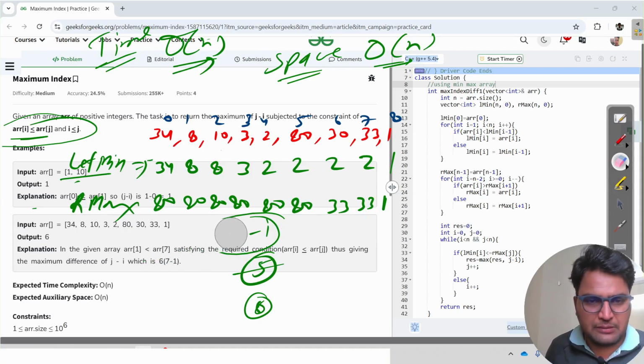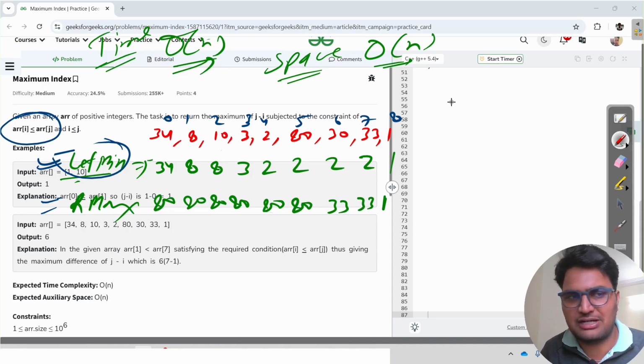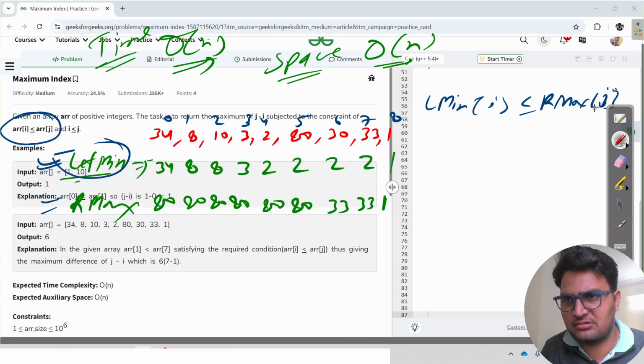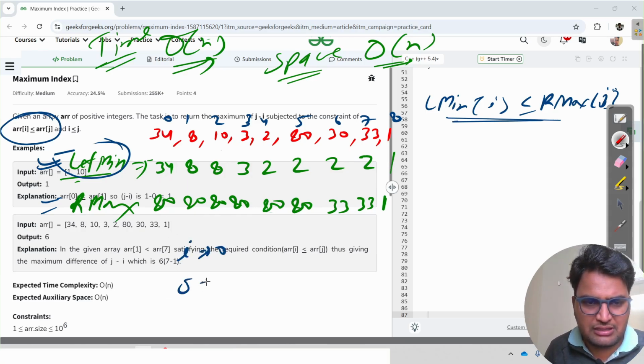So till now we have computed the min and max arrays. Now I will check this condition, and I will apply it on the left min and right max. I will check left min of i should be less than or equal to right max of j. This is the condition I will check here. See, i would be 0 and j would be 0, and this condition is fulfilled. So I will increase the j here only.